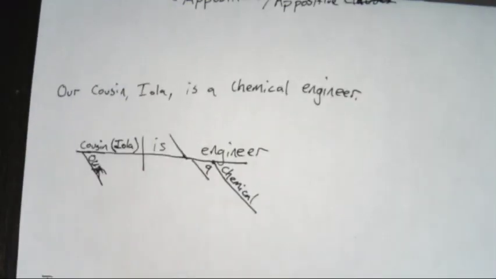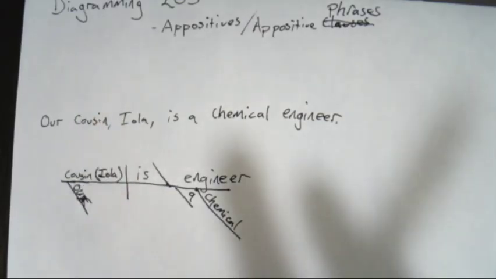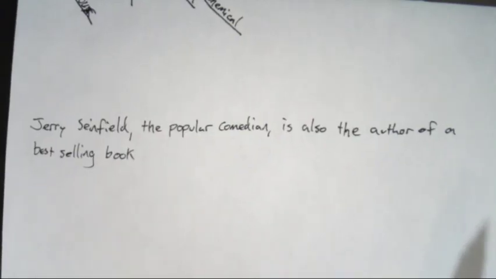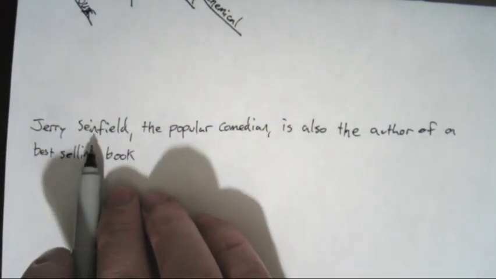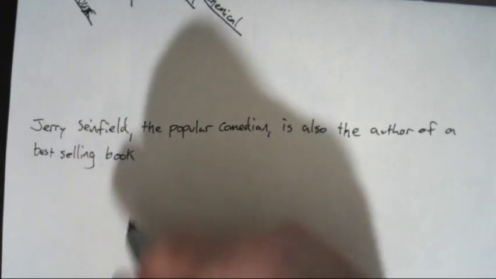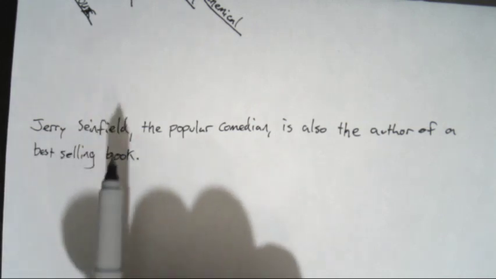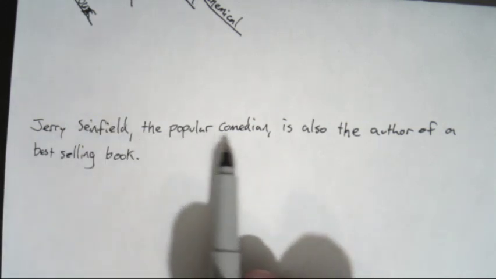Let's look at a phrase. So this is just one word, right? Let's look at an appositive phrase. Jerry Seinfeld, the popular comedian, is also the author of a best-selling book. Period there. Okay, so the appositive here is the popular comedian.